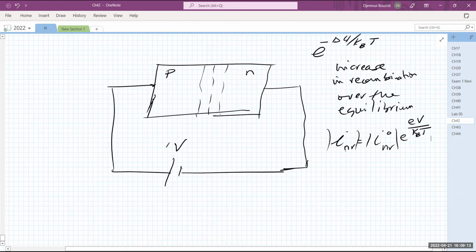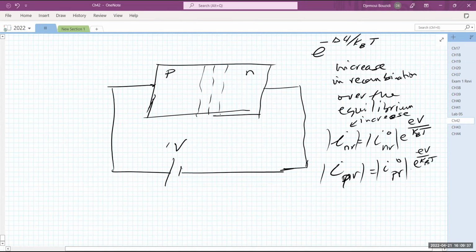And in the same fashion, I can do the same thing for my positively charged holes, times the same exponential factor divided by k_B T, okay?